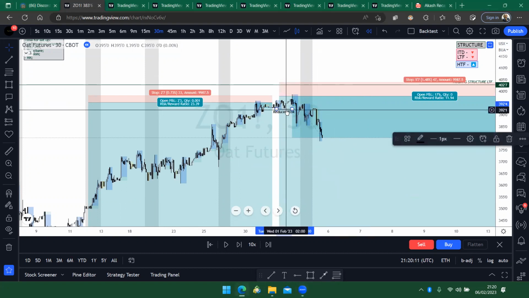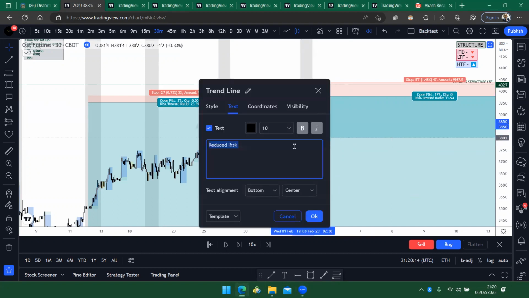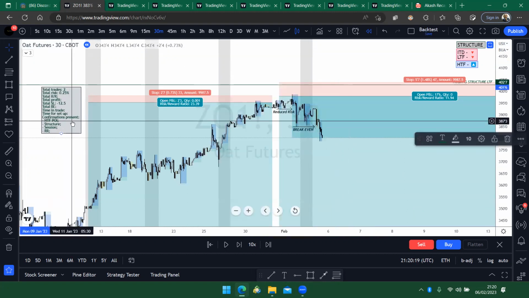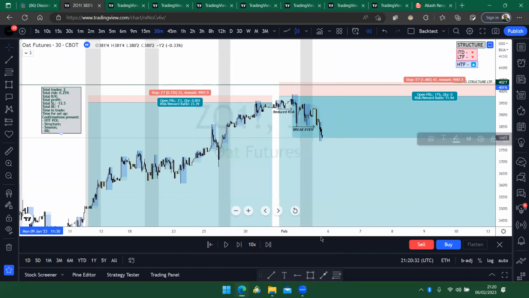Okay, so let's look at this. We've got reduced risk. We have got break even here. Break even on this trade. So now where am I standing? We've got two trades. Total risk is 0.25. Reduced risk none. Total profit, not. We haven't taken anything yet. We've got one break even.